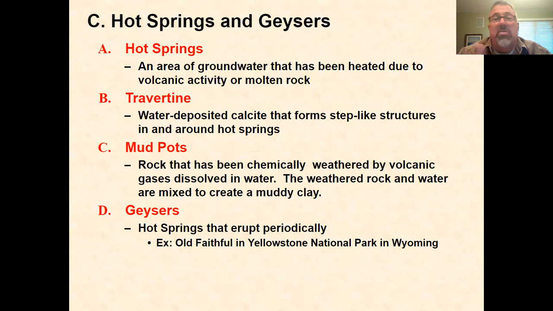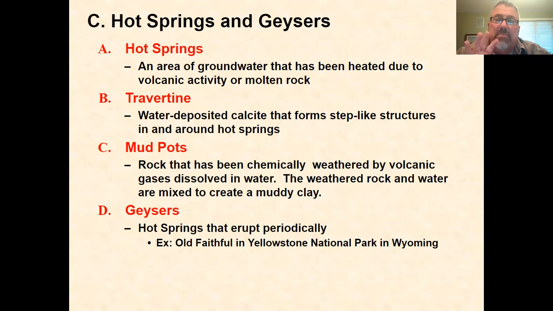Another thing that's created from heating water is something called a mud pot. Mud pots are when you have mud-rich, clay-rich water, ground that has been mixed with water, and it's like when you have a pan of mashed potatoes and you turn the heat up.